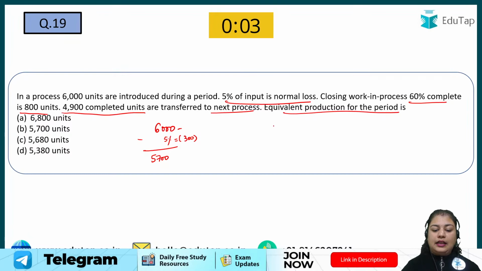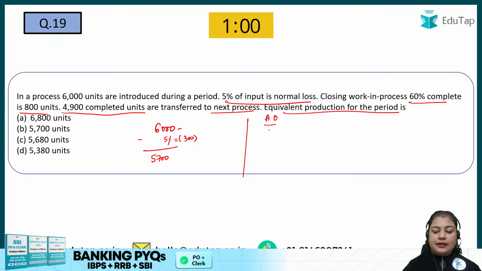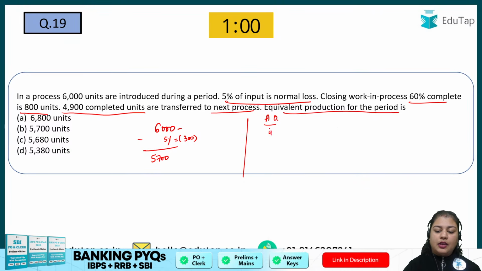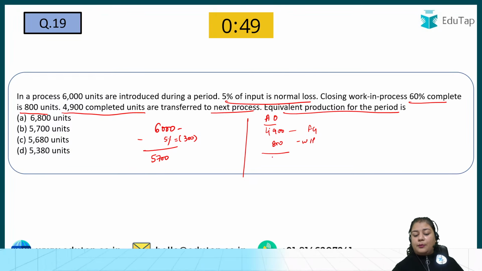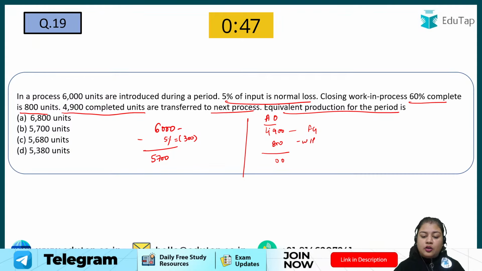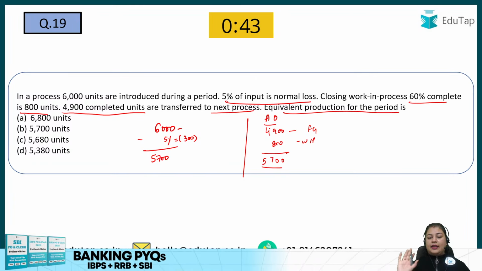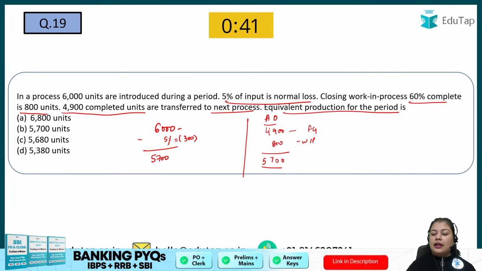Let us see what our actual output is. It is given: 4,900 units are your finished products and 800 units is your WIP. So let us see if there is any abnormal loss or abnormal gain. Is there any? No. So when we have no abnormal loss or abnormal gain, we can easily do this.